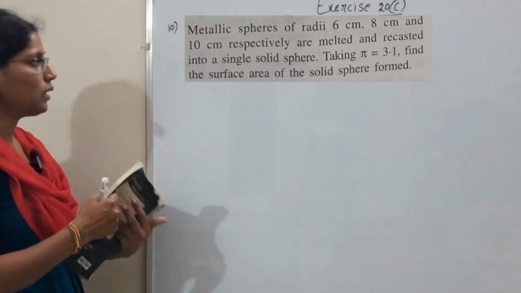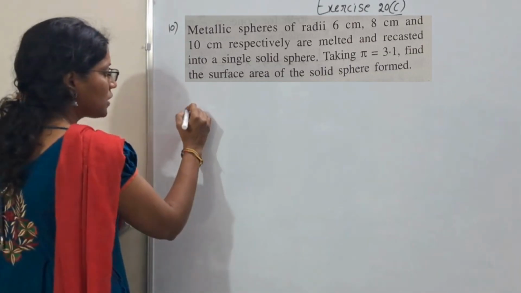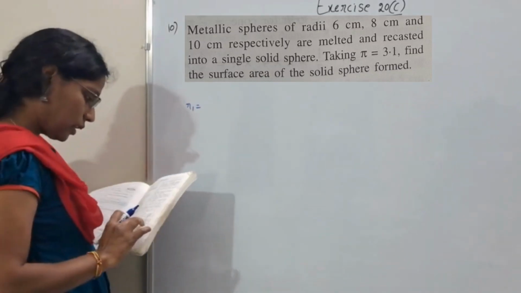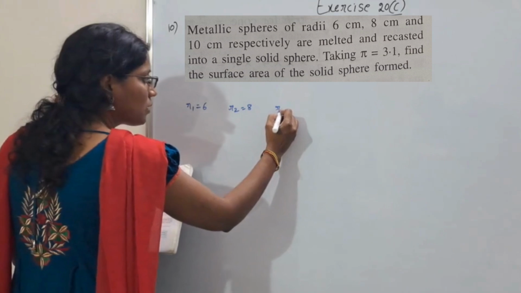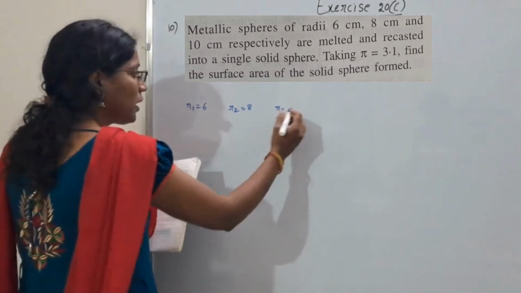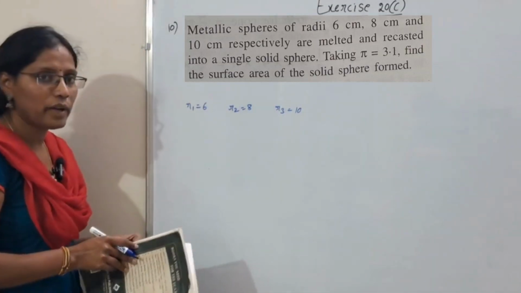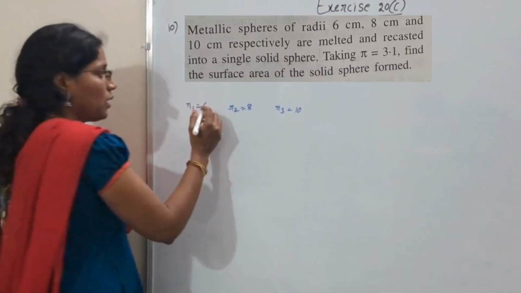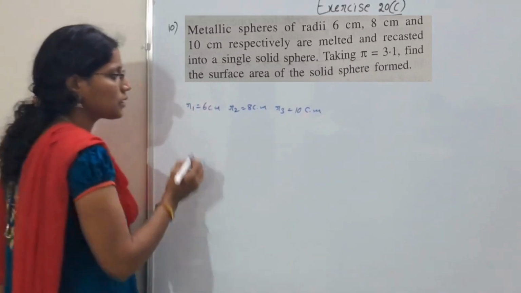R1 is equal to 6, R2 is equal to 8, R3 is equal to 10 centimeters. These 3 spheres we have to melt and make one more solid sphere.